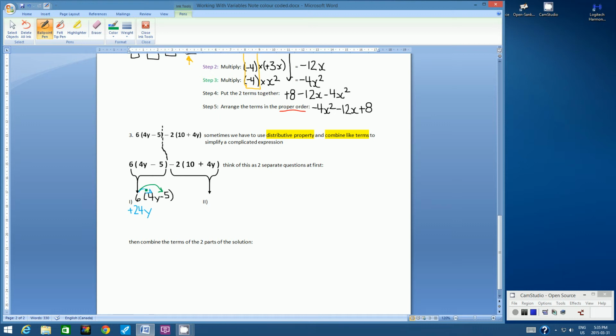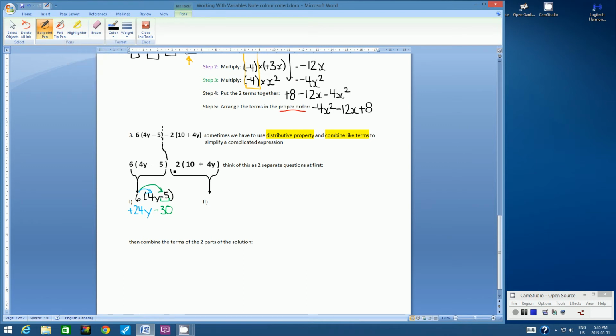What's 6 times negative 5? Now remember, this negative is attached to the 5. Well, positive times a negative is negative, and 6 times 5 is 30. So for this part, we ended up with 24y minus 30. Okay, so let's leave that part for now.